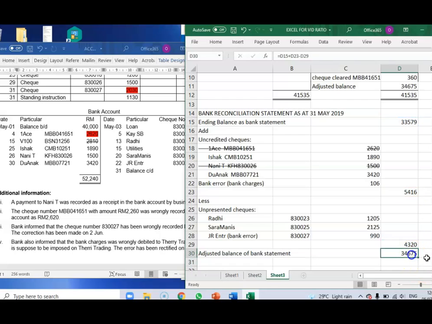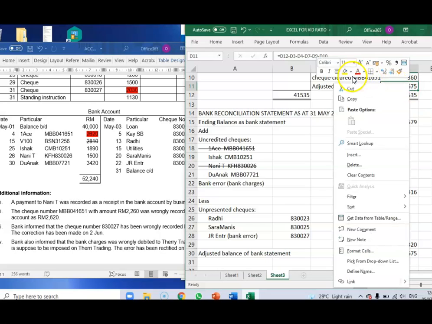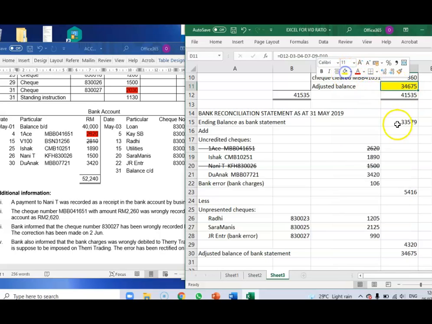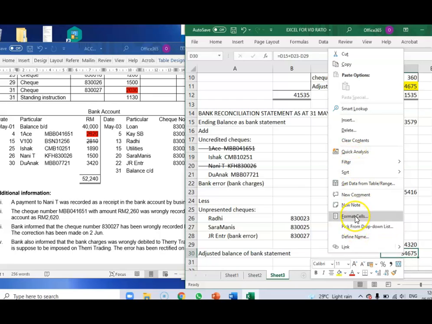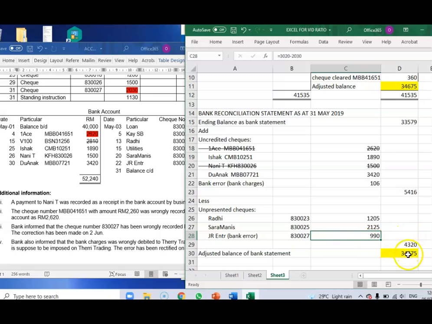Then the amount, the adjusted balance, look here, the adjusted balance is the same. Can you see that? It's the same, you know.